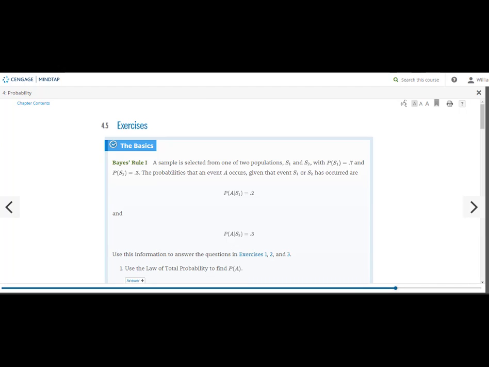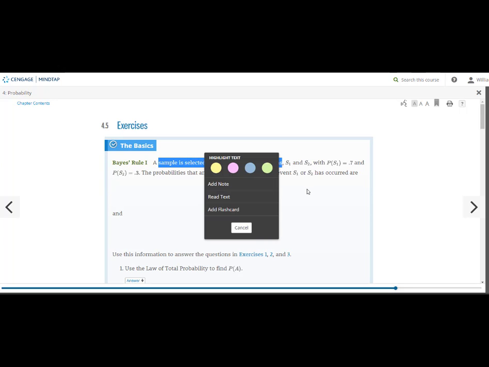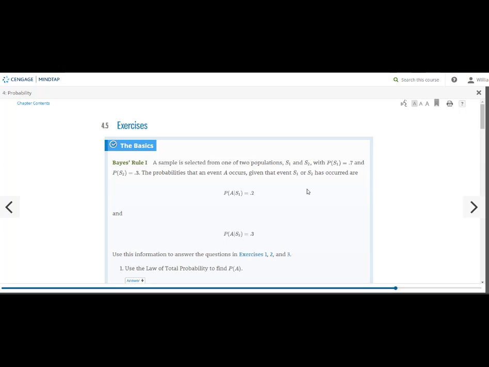Okay, so let's go through a few exercises that occur in the book. Okay, let's look at this. A sample is selected from one of two populations. For example, we could have the population of all male APU students and the population of all female APU students.